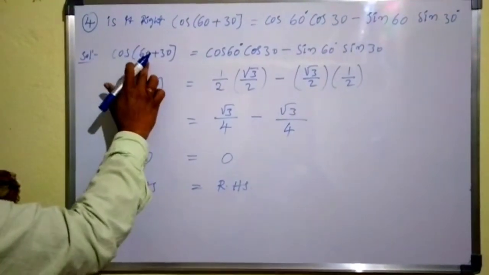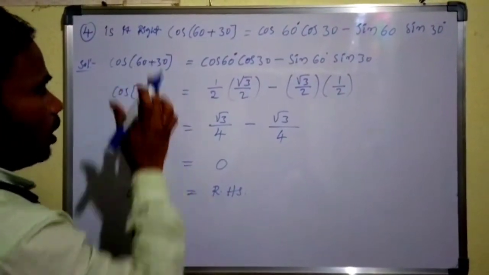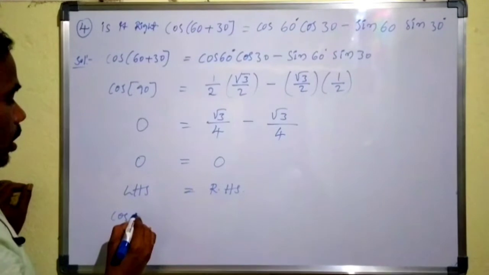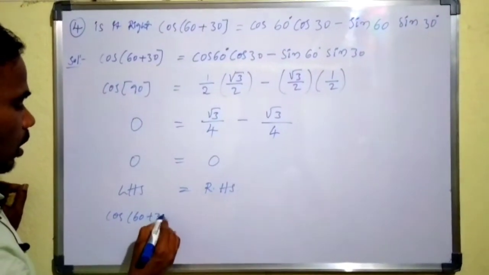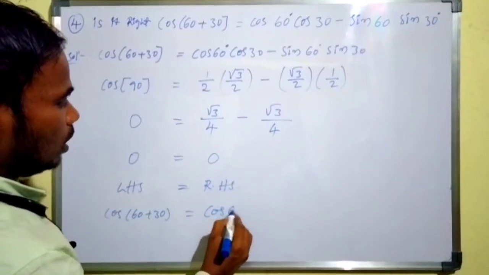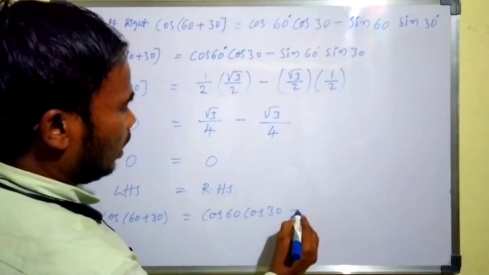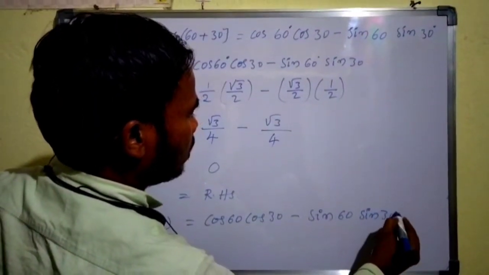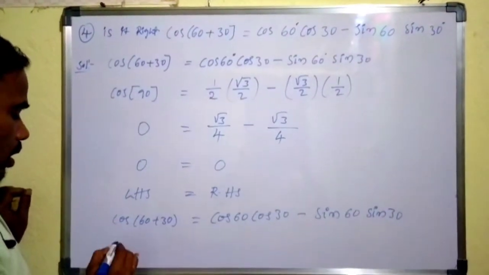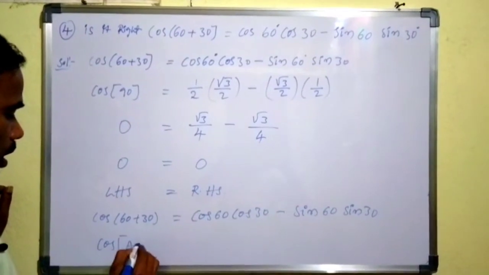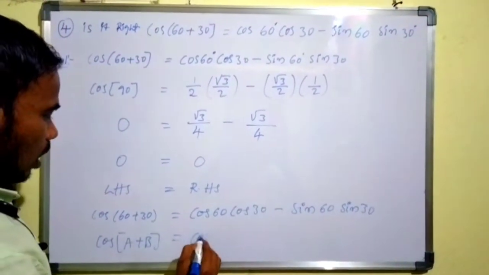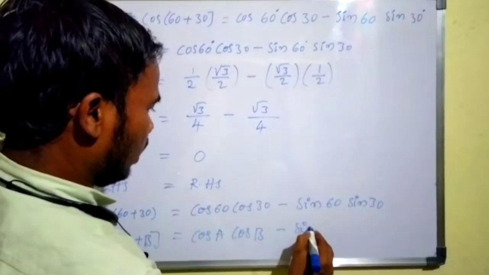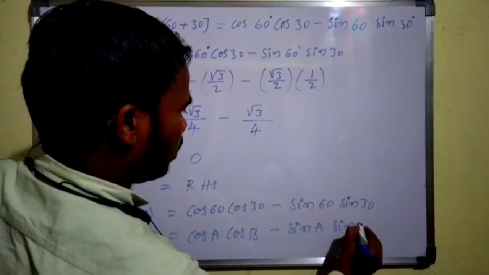So here, instead of 60 you can write A, and instead of 30 you can write B. So cos of A plus B is equal to cos A into cos B minus sin A into sin B. This is the formula.